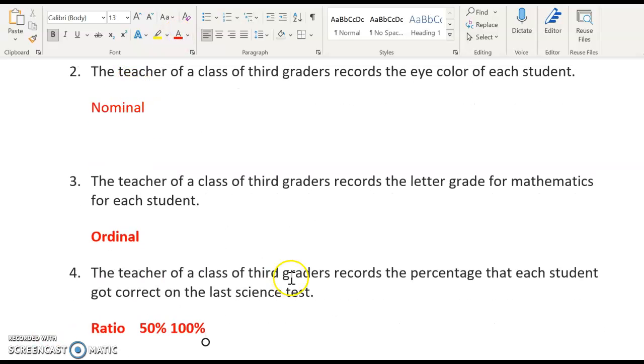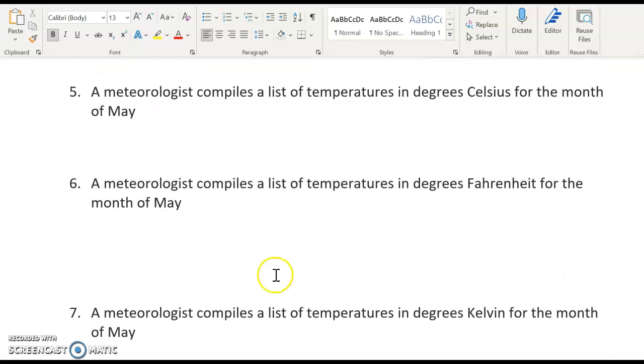Okay, the next one. A meteorologist compiles a list of temperatures in degrees Celsius for the month of May. Okay, this is the interval level. Remember we talked about temperatures. They can be ordered. We can put them in order. And then we can also add and subtract. We can look at differences.